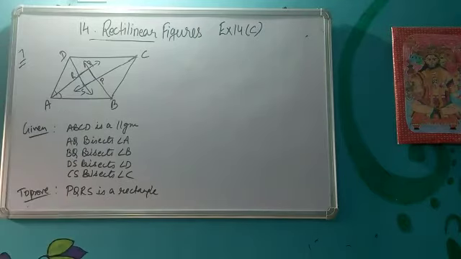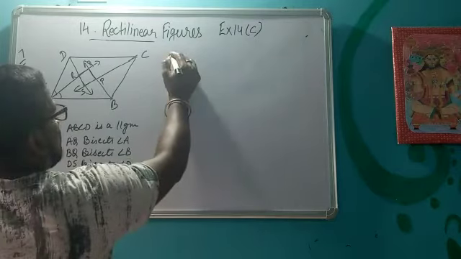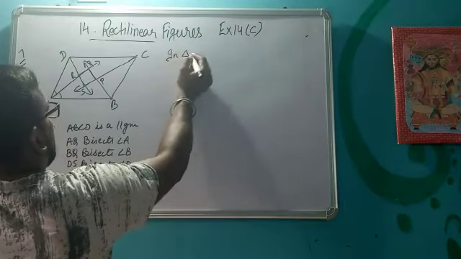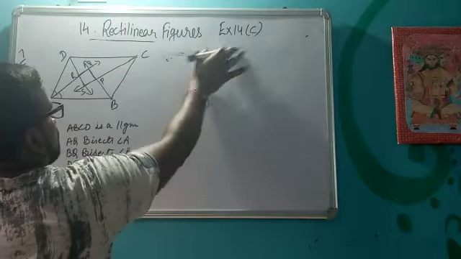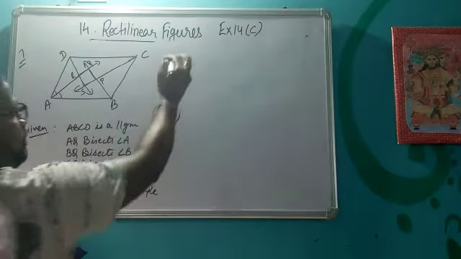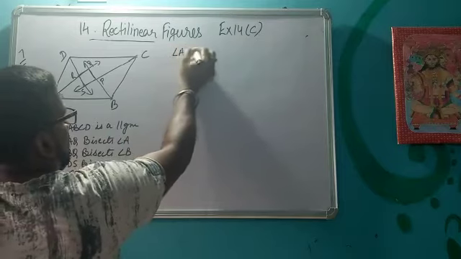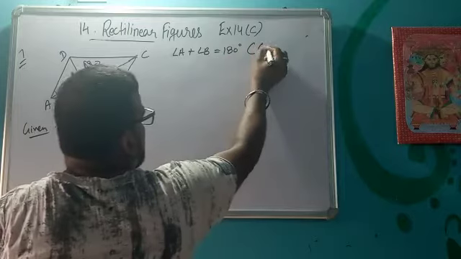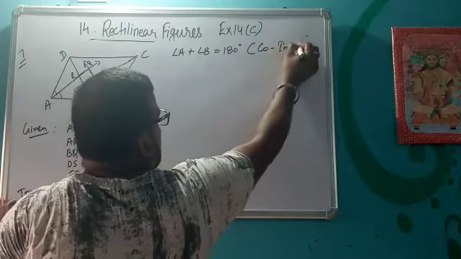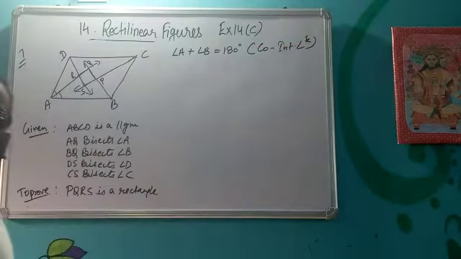So how do we start? See, in triangle QAB, since ABCD is a parallelogram, angle A plus angle B is equal to 180 degree. Co-interior angles.